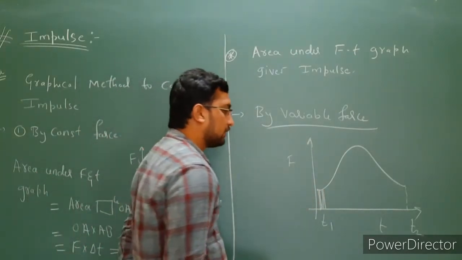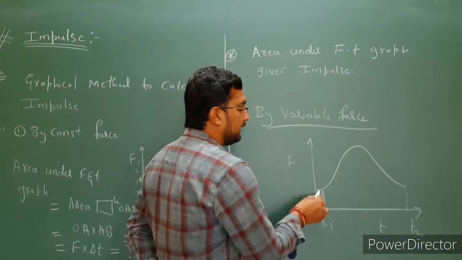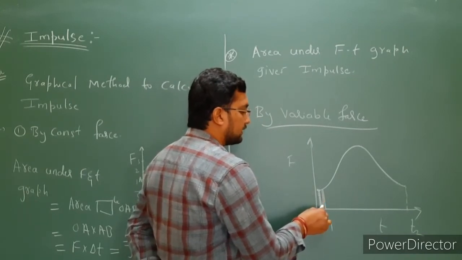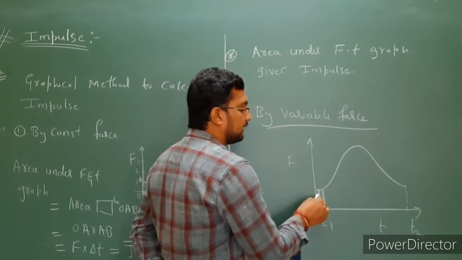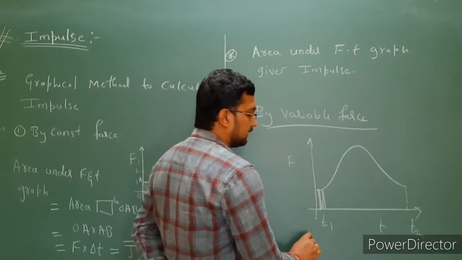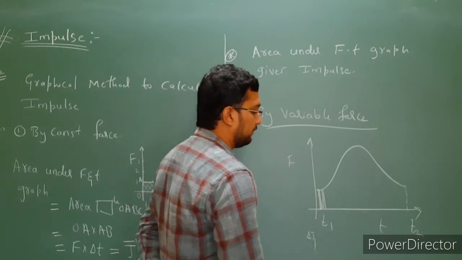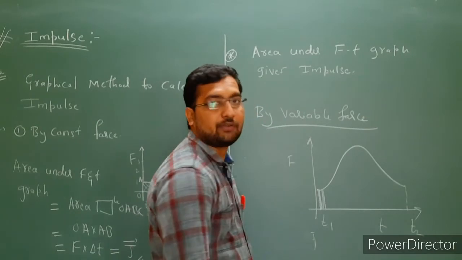If the force is approximately constant, the area under this segment gives the impulse. For example, that impulse value is del J1, or J1, right?